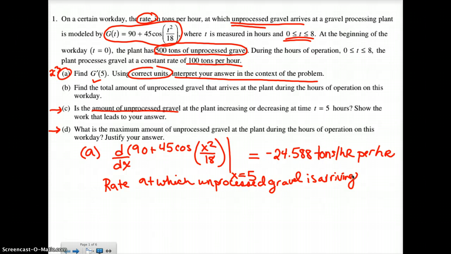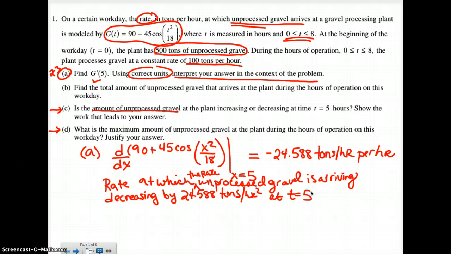So it's basically the rate of unprocessed gravel arriving is decreasing by about 24.588 tons per hour squared, or per hour on the 5th hour, or you could say at t equals 5.